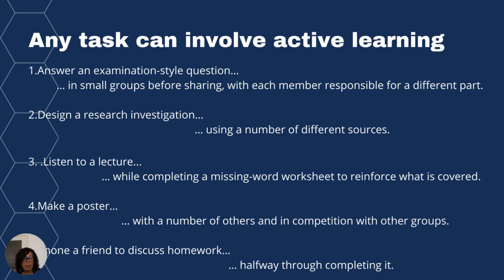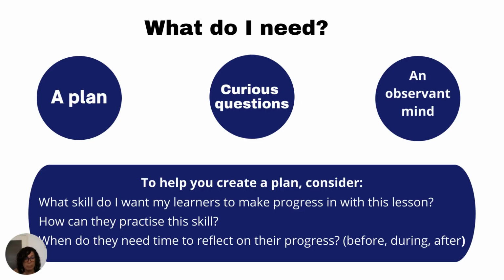So, how can we get active learning happening in the classroom? Whether you are face-to-face or online, there are many strategies that you can put into your classroom that only need 3 things. A plan. Everything works much better when there is a plan underpinning what we want to achieve.